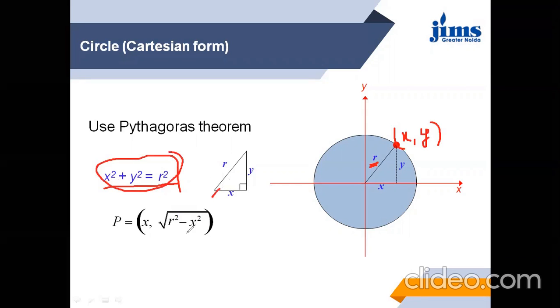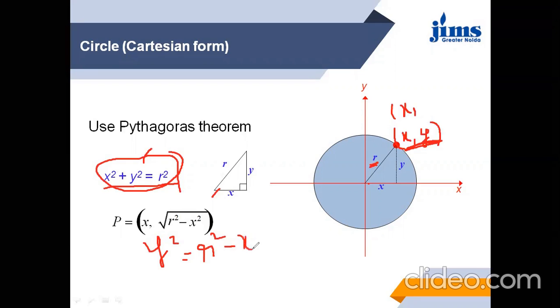From this, if I want to find the value of this point in the form of x only, in this direction it's x, no need to change the value. But in the case of y, I have to write the value in terms of x. So if I find the value of y in terms of x, then y square equals r square minus x square.